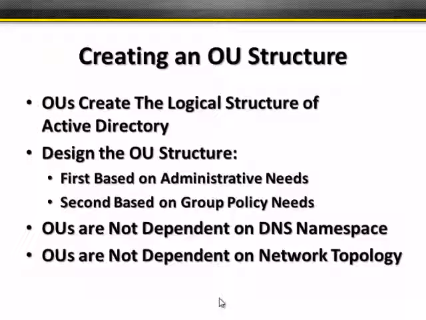When I worked for AIG, we had multiple buildings in New York City, and I could have created OUs that started with each of the buildings, building 1, building 2, and so on through building 5, because there were different LAN teams for each of those buildings. We're going to get into the delegation of control wizard a little later. What we want to do is divide up the administrative pie.